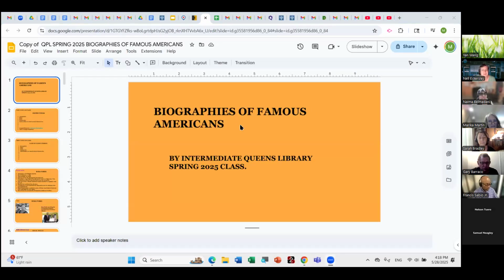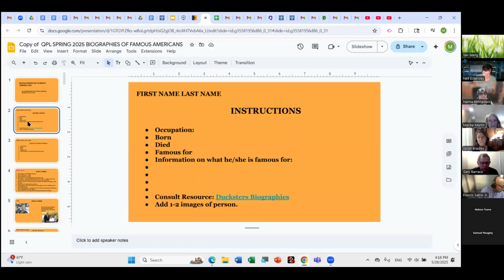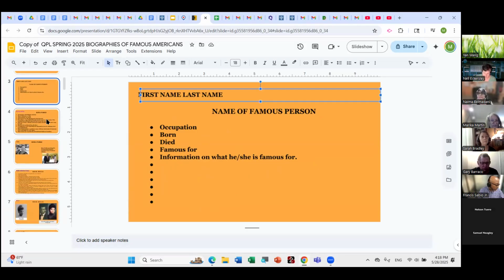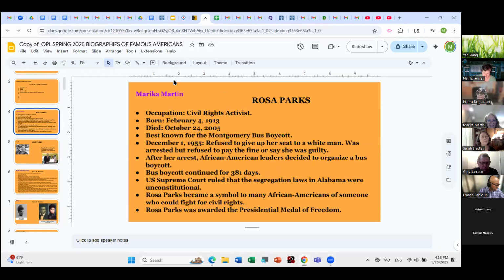Yeah, Biographies of Famous Americans by the Intermediate Queens Library Spring 2025 class. These were the instructions, what they had to include, not that much, but still. Some of my slides were locked because I didn't want them to mess up the slides. And then I had my example with Rosa Parks.